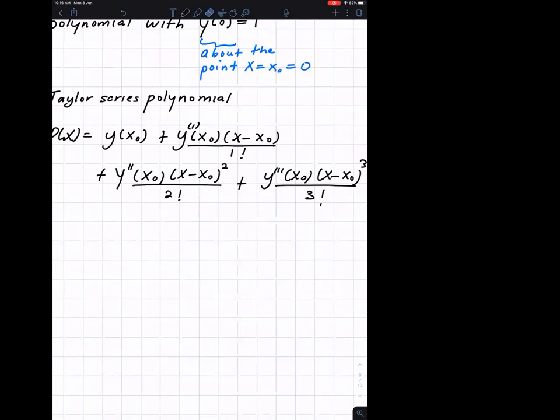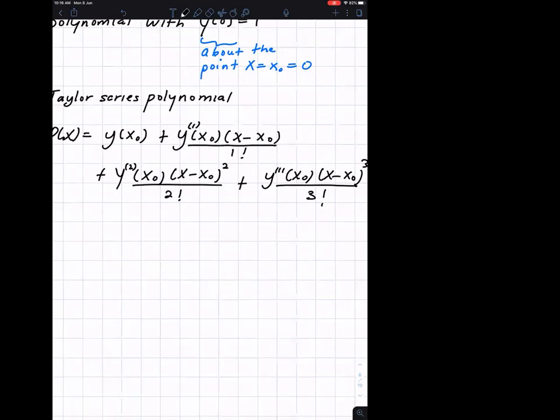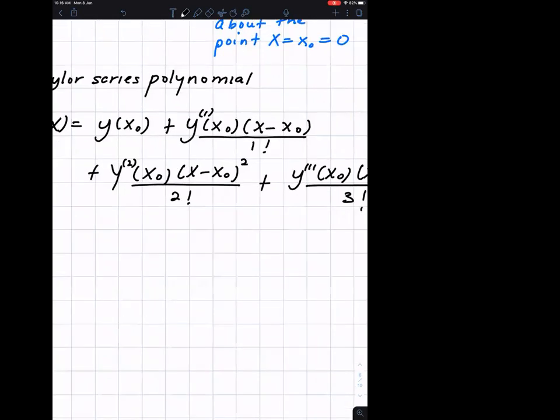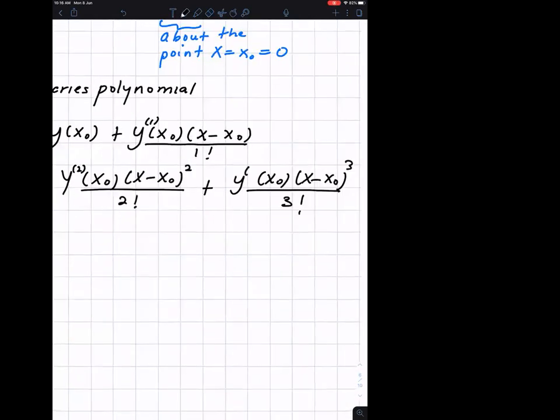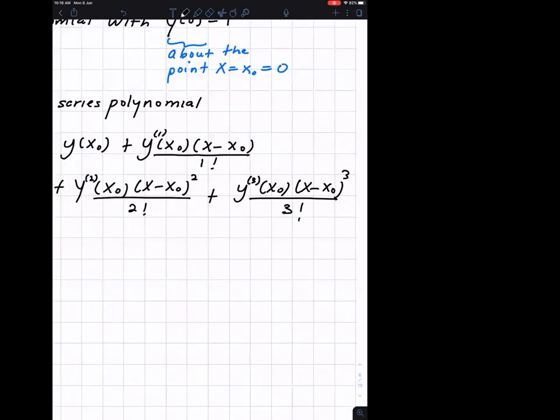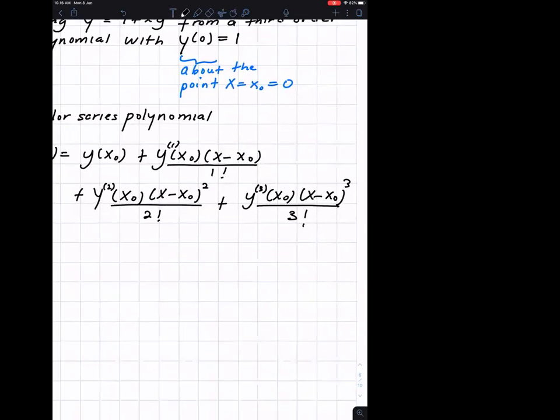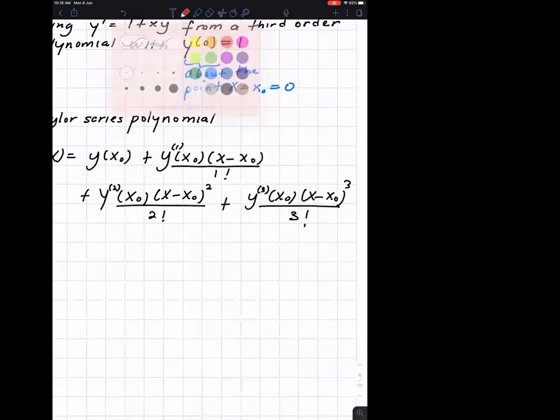Second order, you also can write this with a small parenthesis 2. Don't just put a square; a bracket with a 2 means second derivative. You also can replace this with 3, indicating a third derivative. So now we can see these things are quite matching.